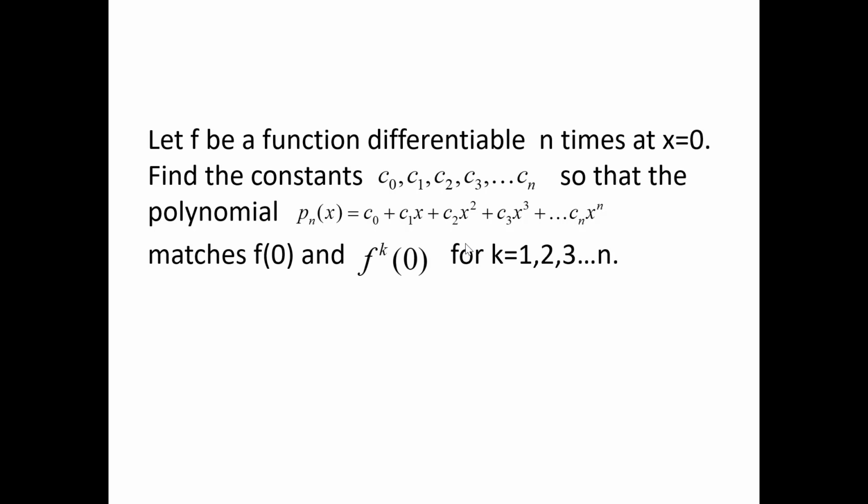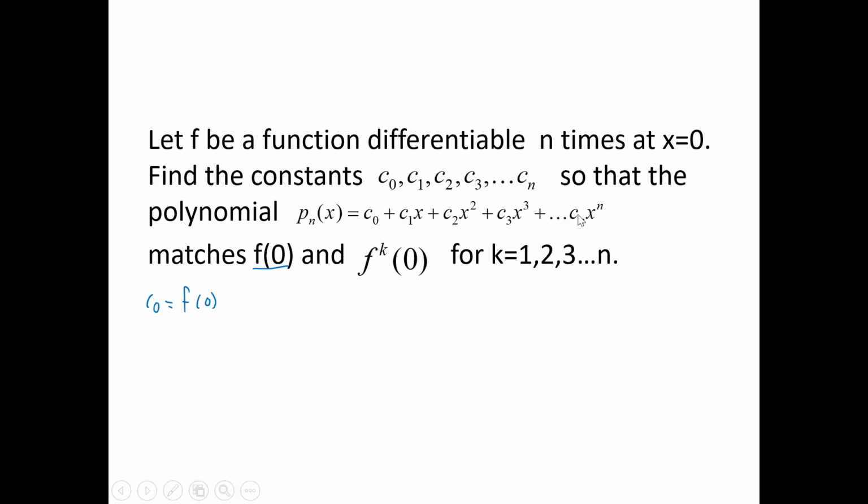Okay, so if you want your p to match your f at 0, well then when you put 0 in for x in p, all of these terms will go away. All that will be left is C0, and so then C0 will have to equal f of 0. That was easy enough.